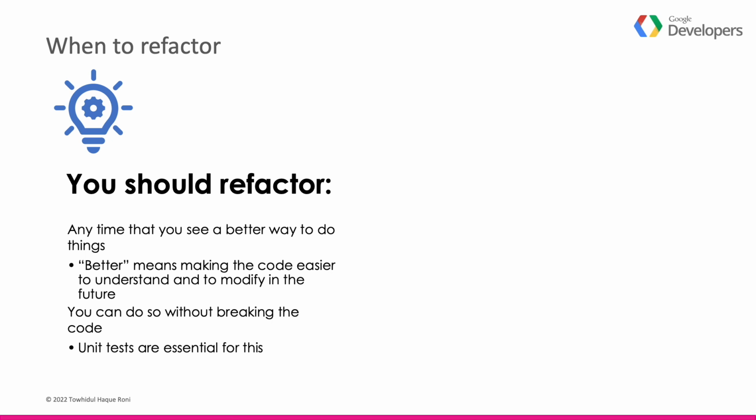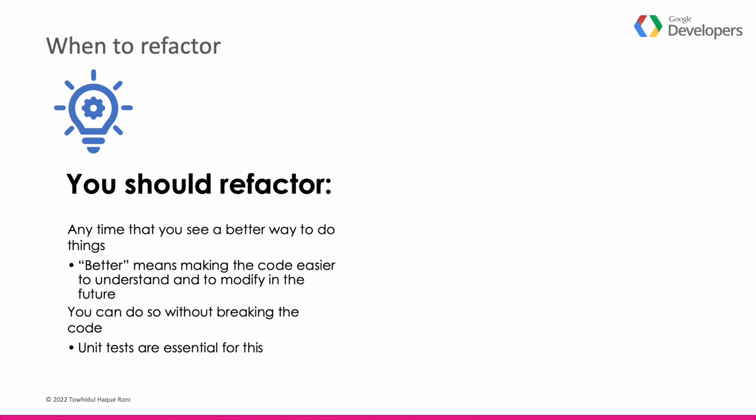Secondly, it is important to ensure that you can refactor without breaking the existing code. This is where unit tests play a crucial role. By having comprehensive unit tests in place, you can refactor with confidence, knowing that any unintended side effects or regressions will be captured by the tests.